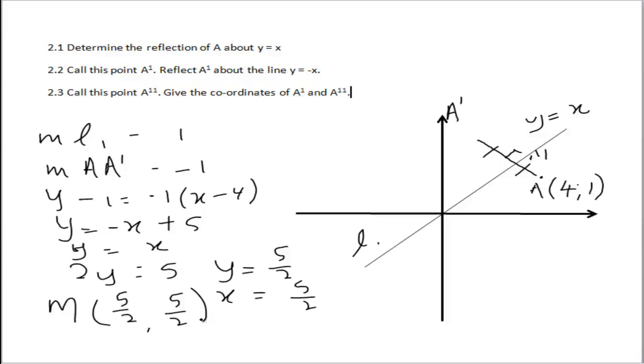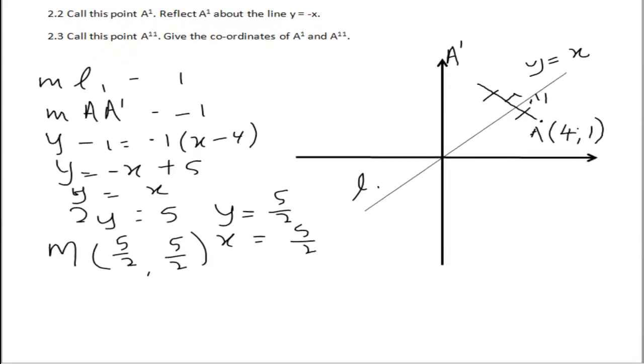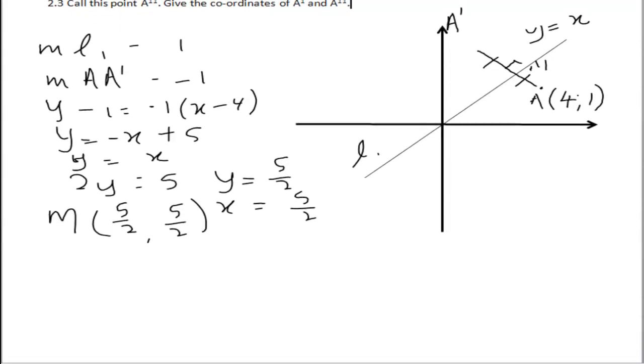Taking this one step further, it's straightforward. Let's call the coordinates of A prime A and B. So 5 over 2 is equal to A plus 4 all over 2, so A plus 4 is equal to 5, A is equal to 1.